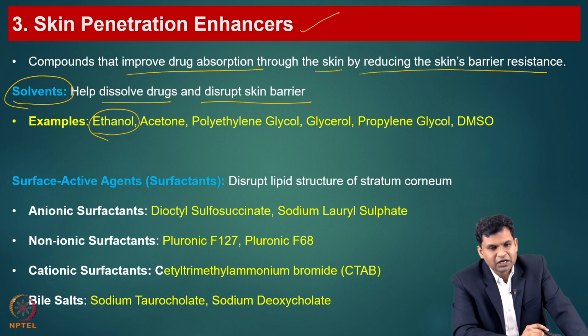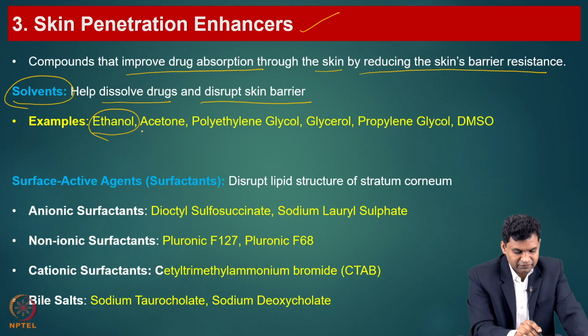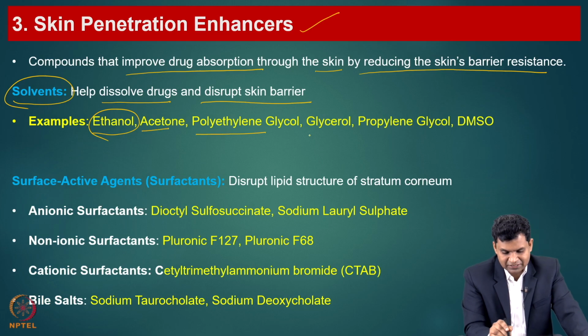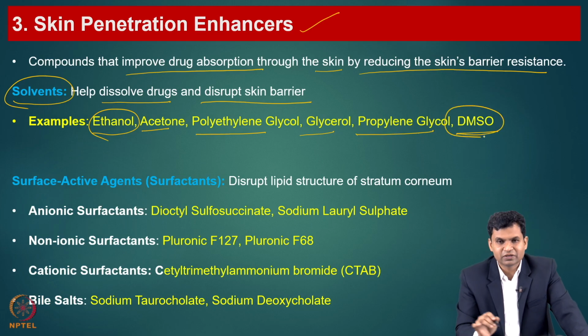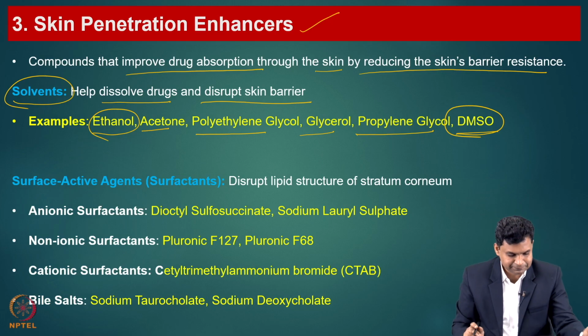You can refer to our lectures on nano carriers, where we discussed the ethosomes and their mechanism during the delivery of nano formulations. Other solvents like acetone, polyethylene glycol, glycerol, propylene glycol and dimethyl sulfoxide also work as permeation enhancers. We use them in the treatment of various skin diseases.